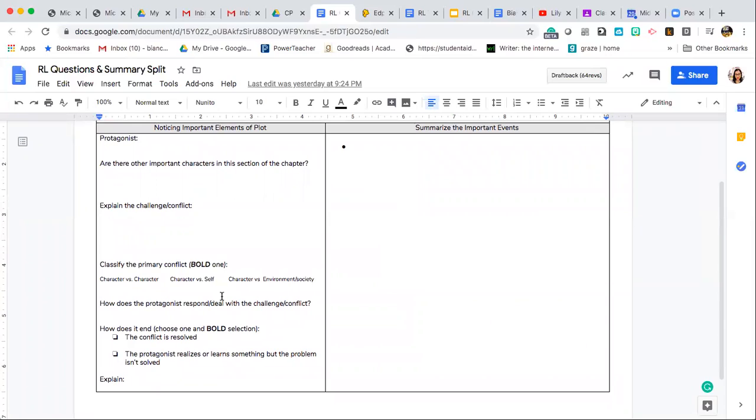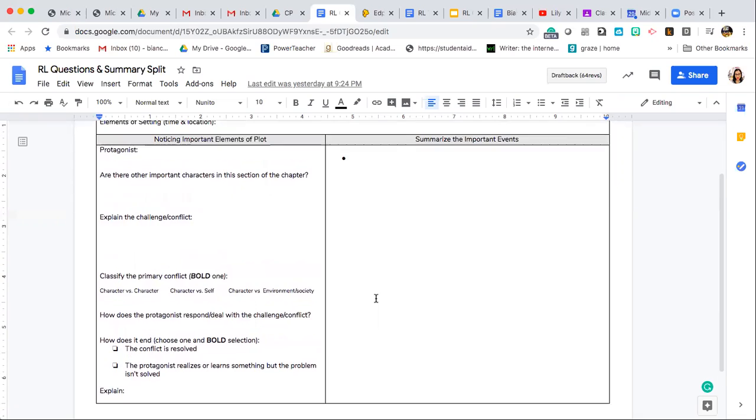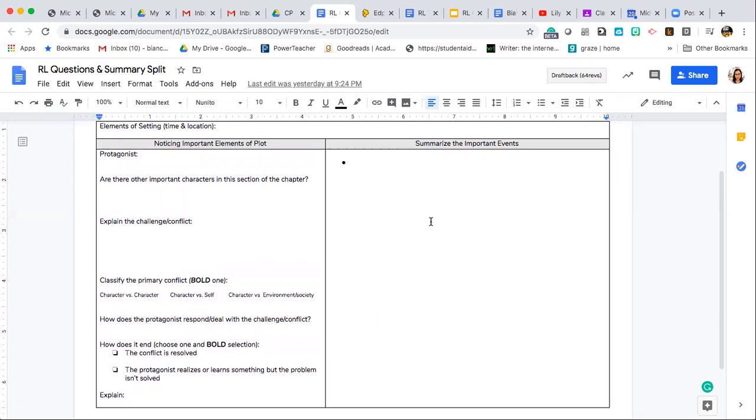We're also asking you the question, how does the protagonist deal or respond to the challenge or conflict? And how does it end? Does it end with the conflict being resolved, or does it end with the protagonist learning or realizing something? And of course, we're asking you to explain. On the right-hand side, please summarize the important events that are occurring in this short story. Okay, this is day 1, aka April 20th's assignment.